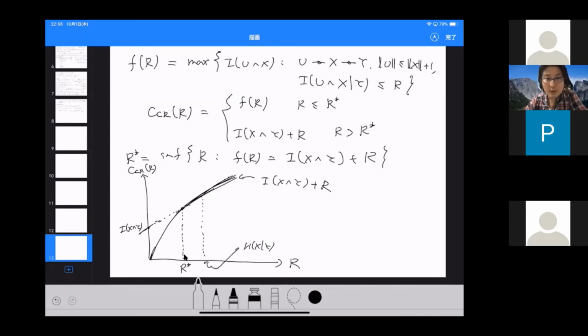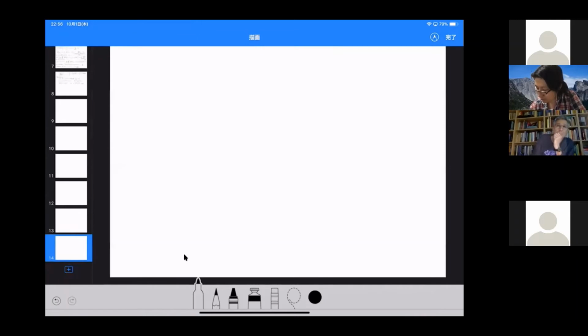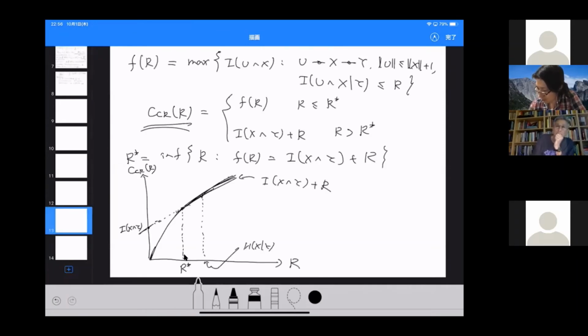Yes, please. Okay. So let me briefly explain how this capacity can be attained. This point is very easy to understand. In this case, R is the conditional entropy of x given y, and this value is h of x.